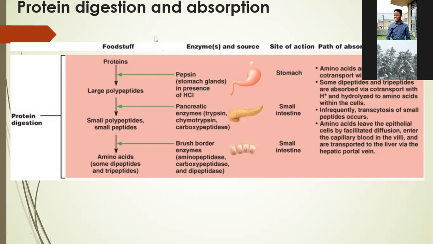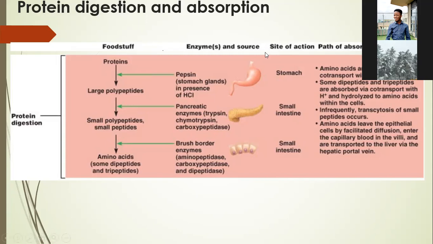We can utilize that knowledge to set up an experiment to see how proteins are digested. What we'll do is use a source of protein, something like egg white, which has a lot of protein, or you can use ground beef, or you can even use beans, any source of protein.